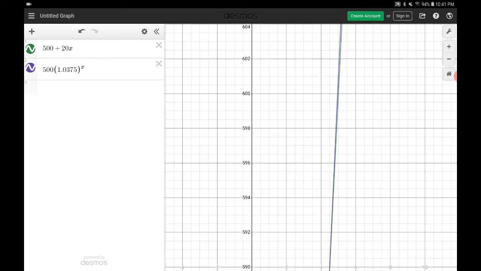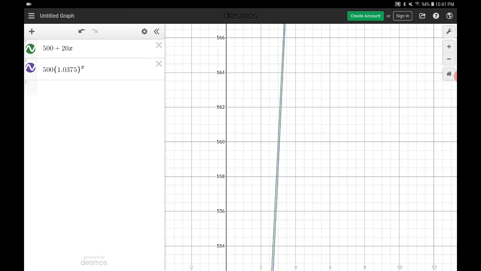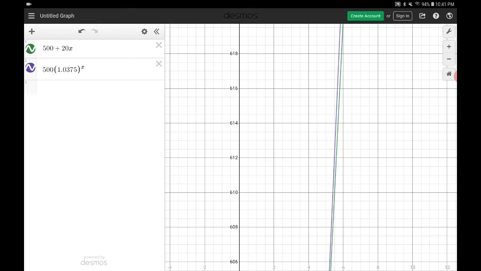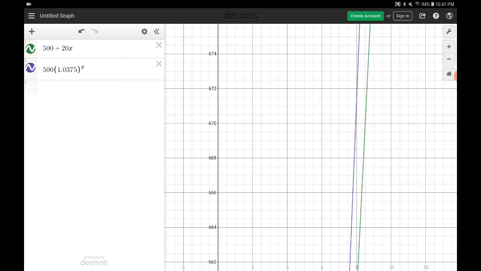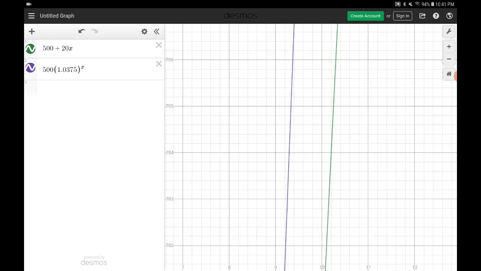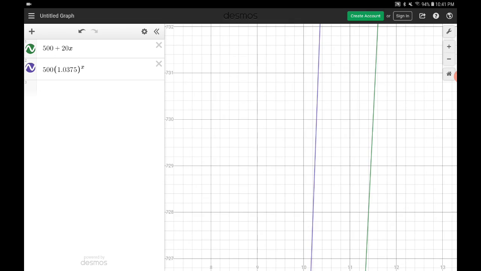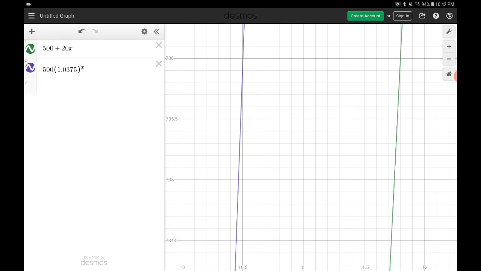So there, as you see, the green line is on top, which means it's making more money. That's the linear one. So as I go up here, you start seeing the blue line take over, and then you see it even having a wider and wider gap because it's taking less years to make more money. You see that gap widen even more and more away from that green line. And this is where the exponential starts to skyrocket. Okay, and that's even with less interest rate.